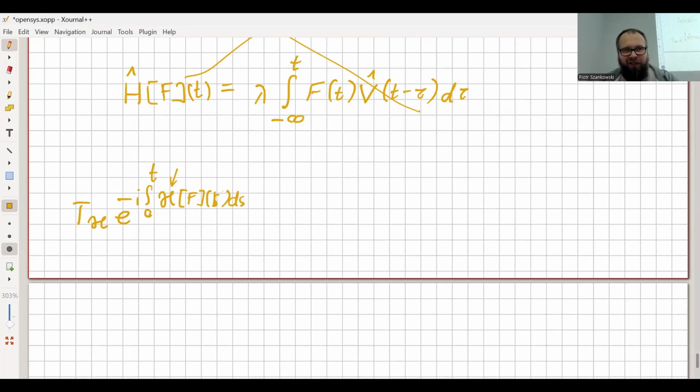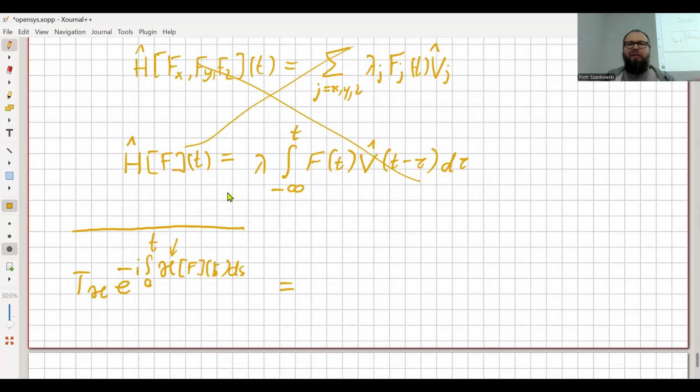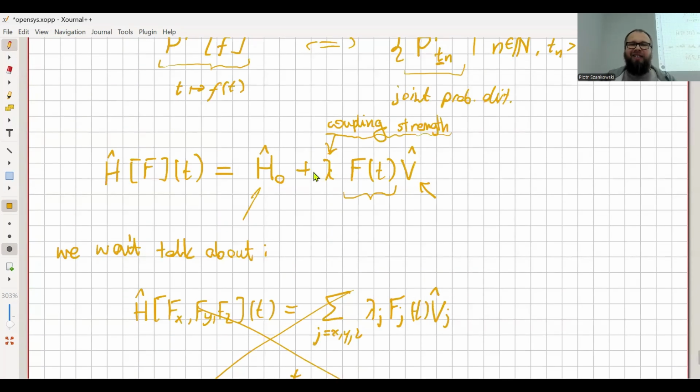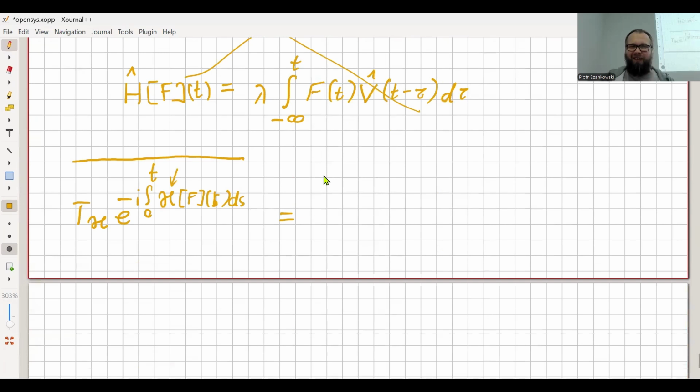And everything is averaged. And let's switch, because our Hamiltonian has those two parts, to the interaction picture, to use the disentanglement theorem. So we can disentangle the H0 part, right?